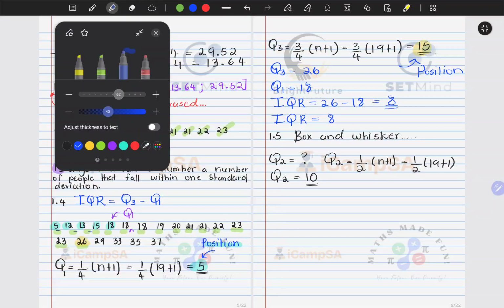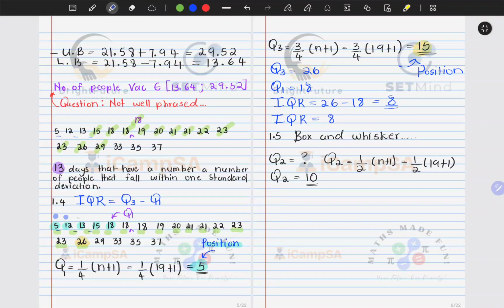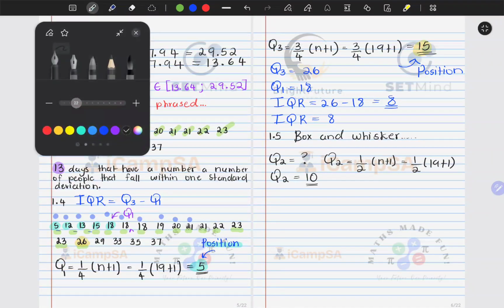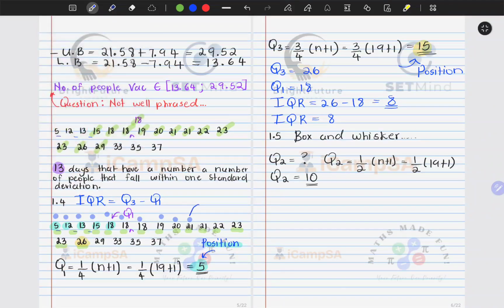So we have 1, 2, 3, 4, 5, then 6, 7, 8, 9, 10. This is where our Q2 is. Remember, this here is its position. If we solve, we'll find our Q2 to be equal to 21.